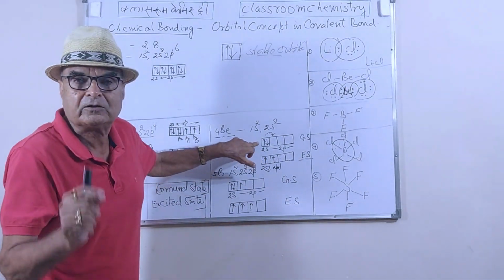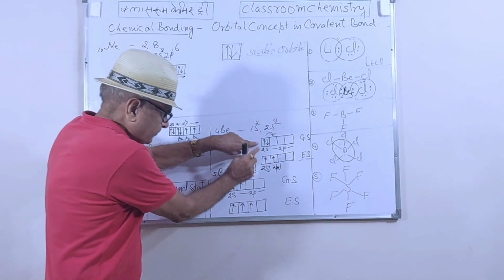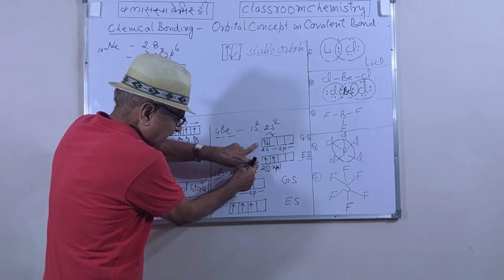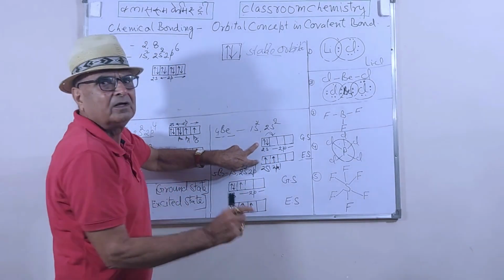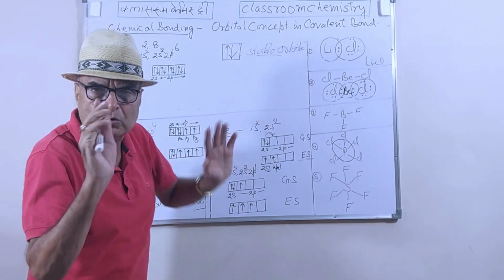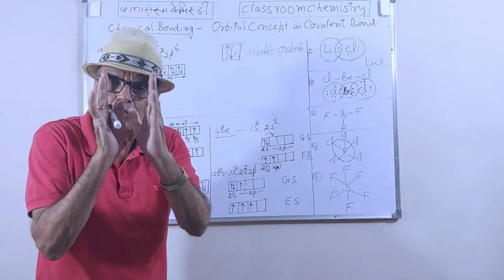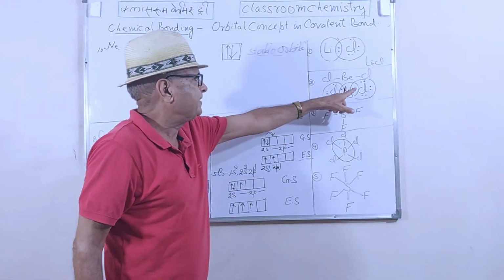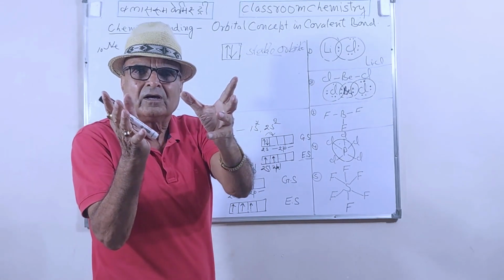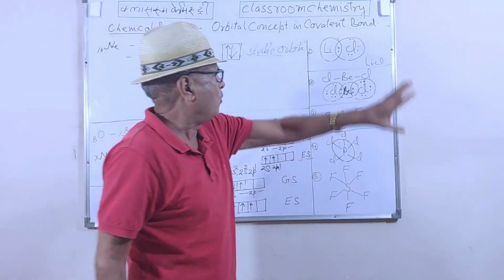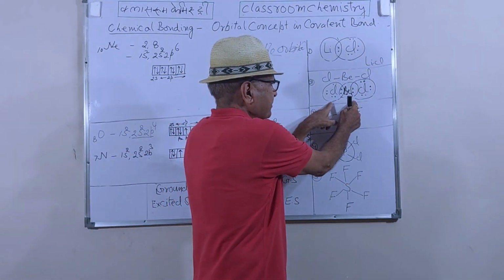Earlier the number of unpaired electrons was 0, but now this beryllium has 2 unpaired electrons, so it can have a covalency of 2. That's why it can form covalent bonds with 2 chlorines.